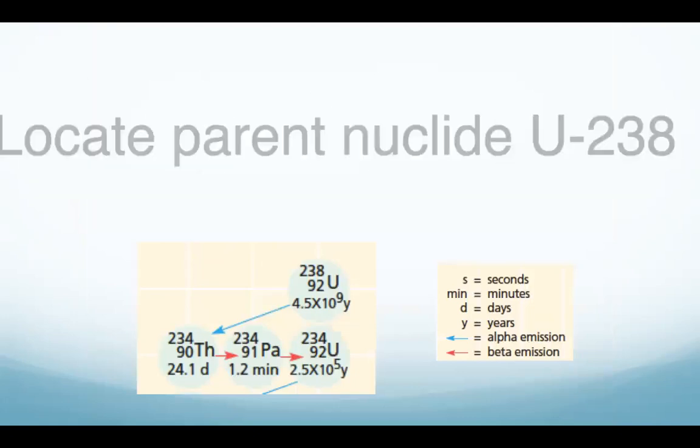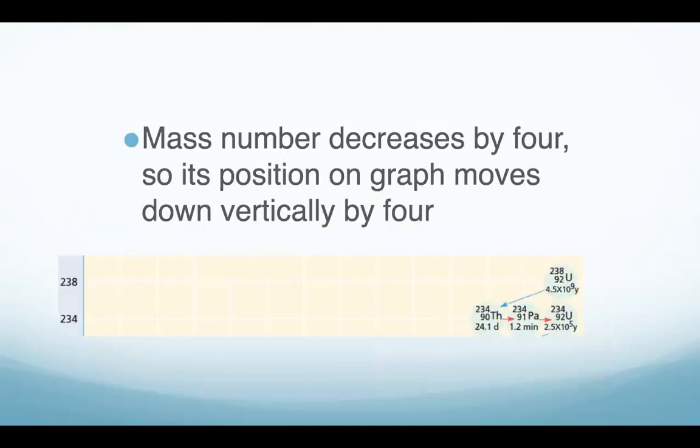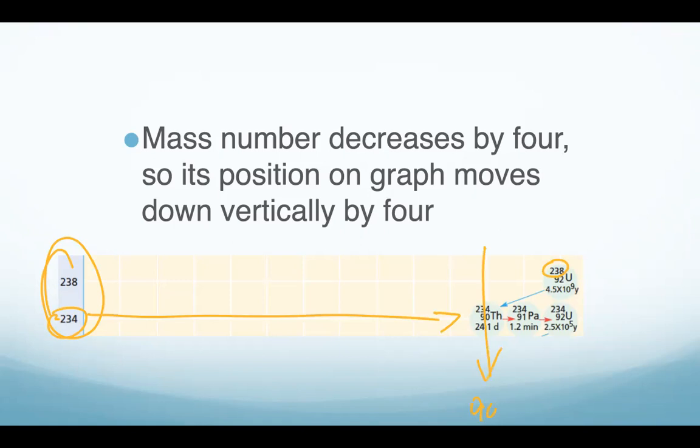All right, so now we identify the first step, which is alpha decay. Because we have mass number on the y-axis and we started at 238, we moved down 4 units to 234, and we put our new daughter nuclide on the 234 mark. On the x-axis, this is going to match the 90 position because we've also gone to the left by 2 units, you can see there.